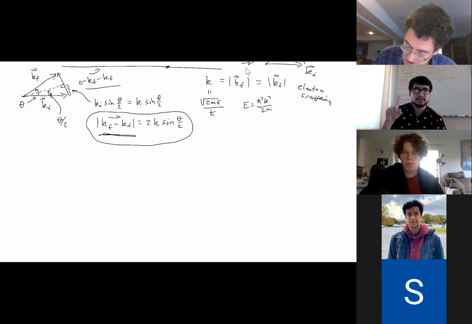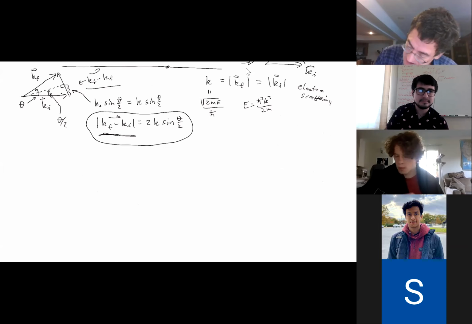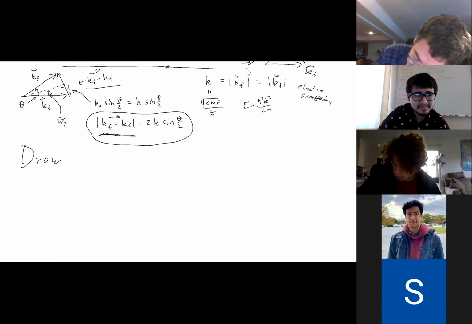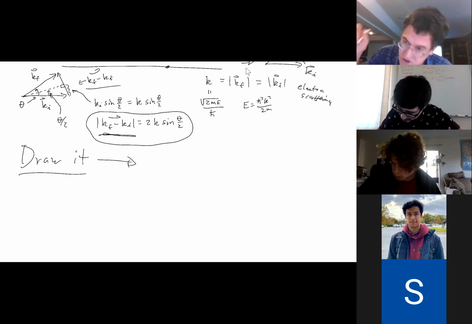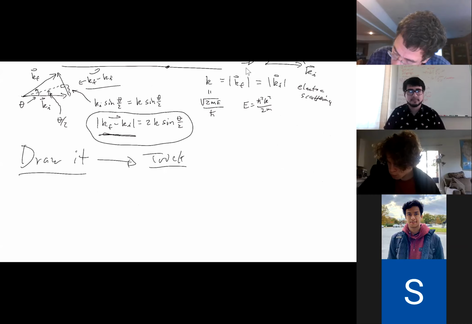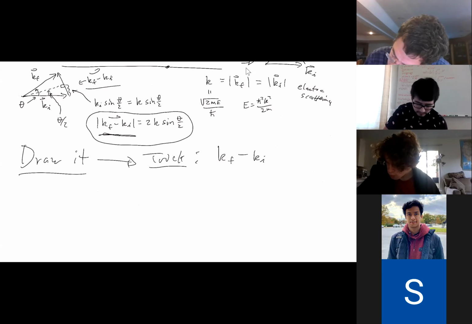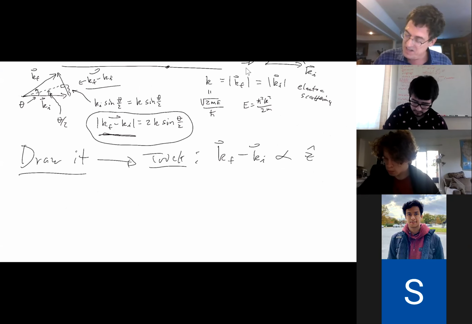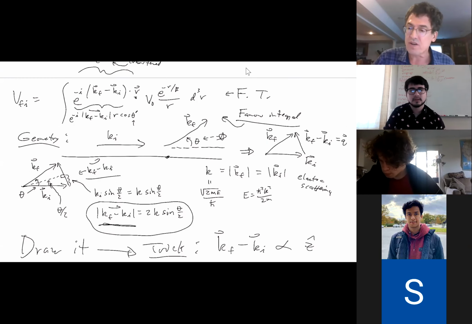Let's draw it all out, because the geometry is getting really complicated. Here's the big trick. The trick to drawing it is that I let kf minus ki be the direction of the z direction for the spherical integral, because this integral is a spherical integral.